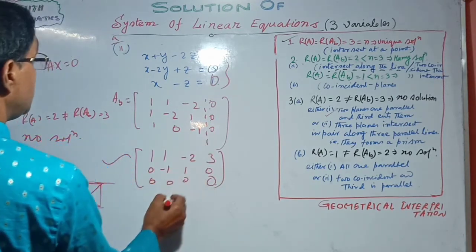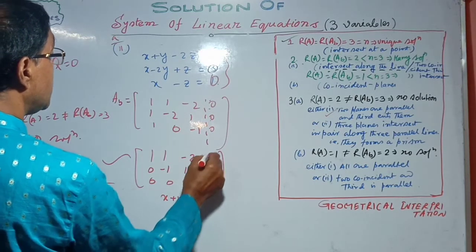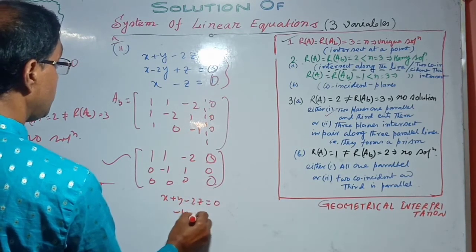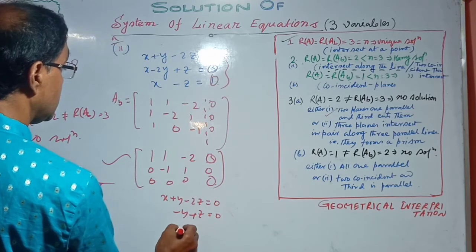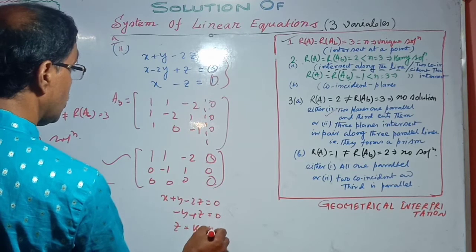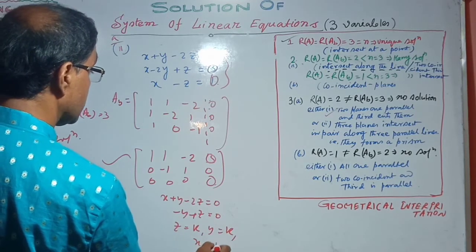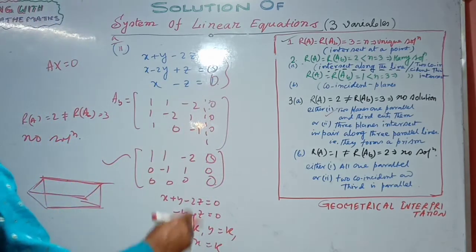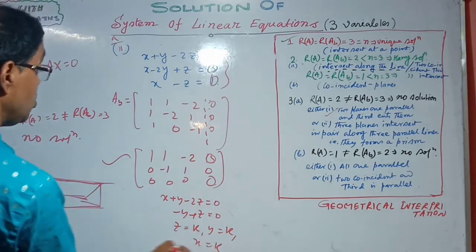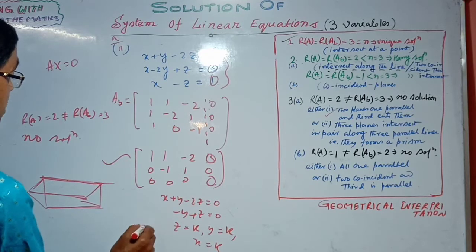That is, if we take x plus y minus 2z equal to 0 and minus y plus z equal to 0, then z equals k, y equals k, also x equals k. A homogeneous system is always consistent. So we get the result k times this.